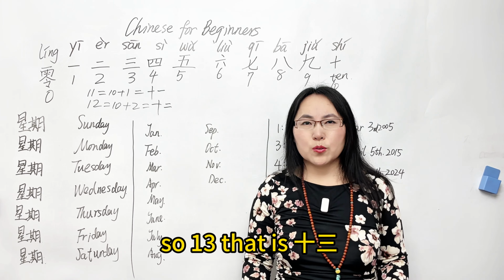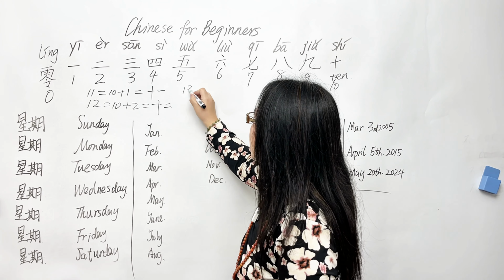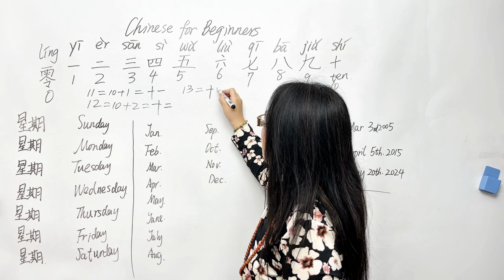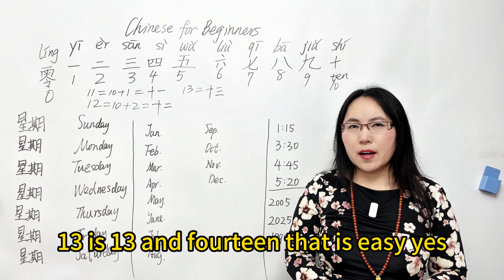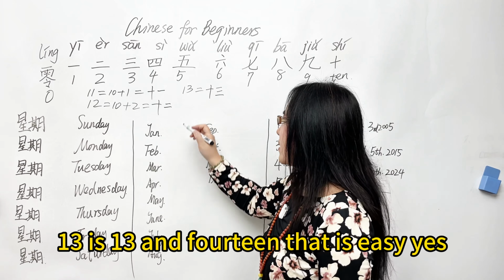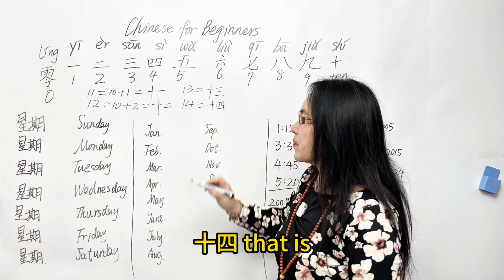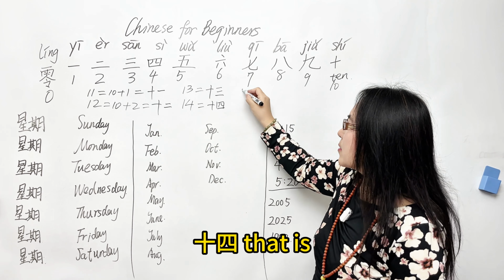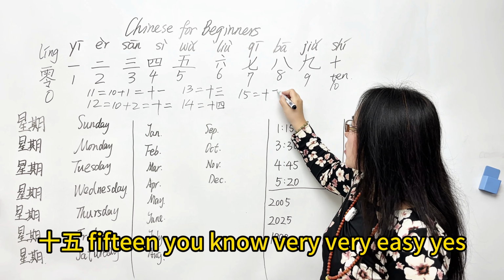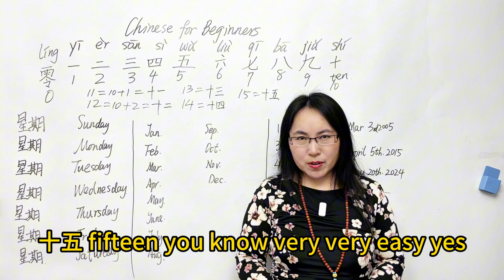Yes, so 13, that is 13. And 14, that is easy. Yes, 14. 15, that is 15. You know, very, very easy.